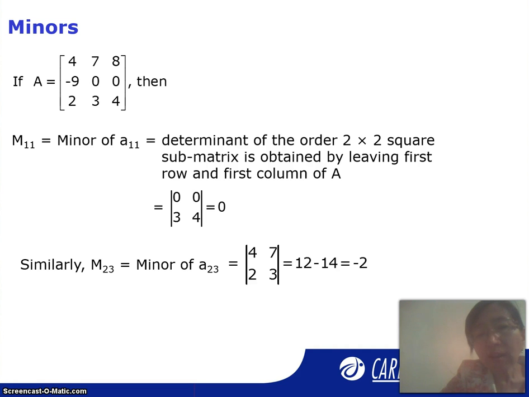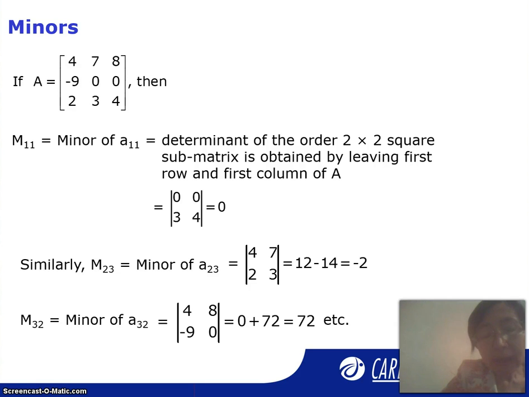So we obtain the determinant of second order 4, 7, and 2, 3. Evaluating this determinant, we have 12 minus 14. As a result, the minor of element A23 will be equal to minus 2.